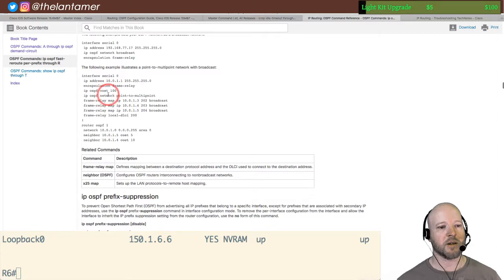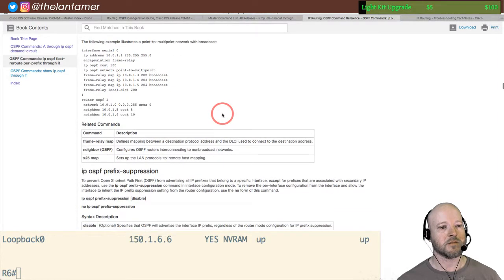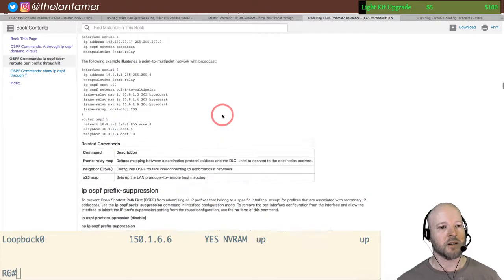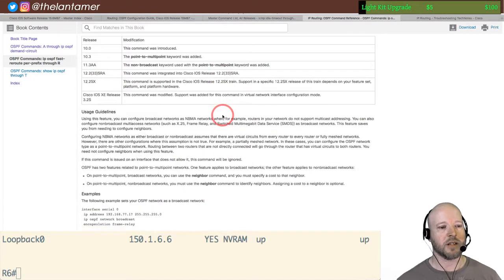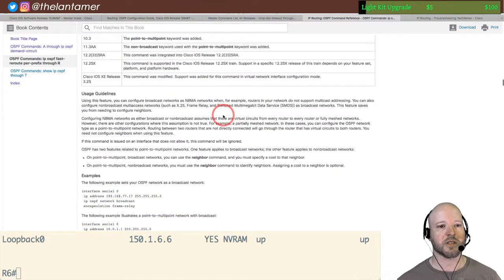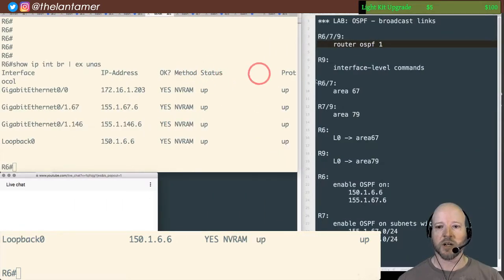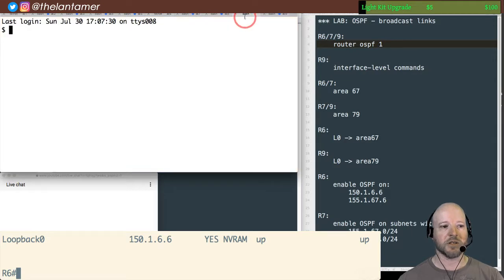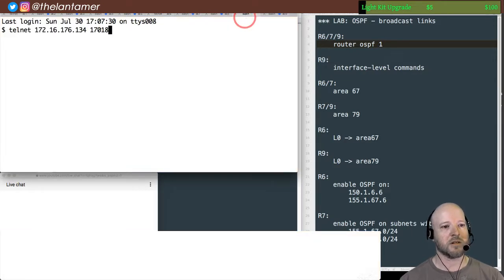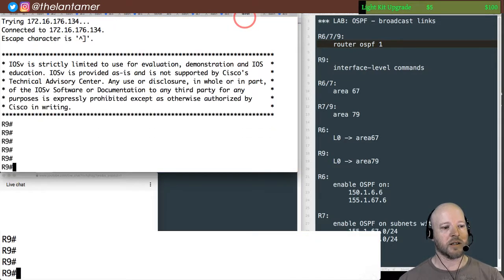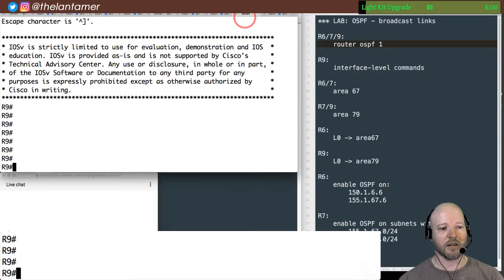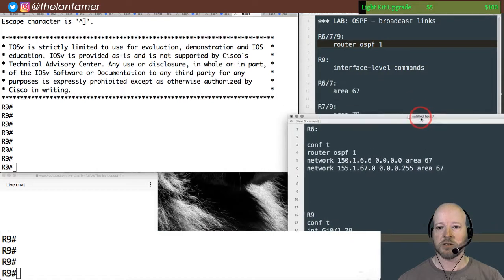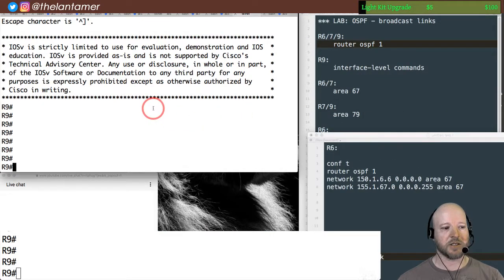IP OSPF network, point to point. Okay. So there's still something we're missing on the command. Let's look at router 9. I'm going to need a little help with this. And the command line is going to come to my aid here. That is going to be interface GI0179.